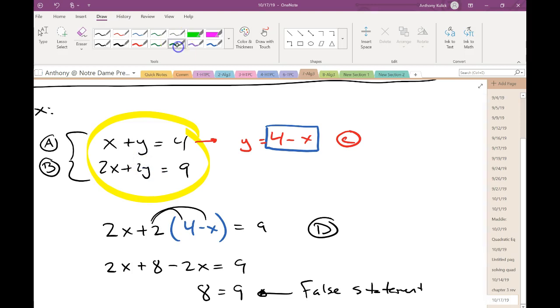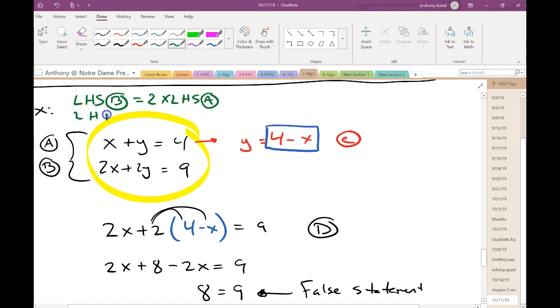Lost a y there. What do I mean by LHS and RHS?